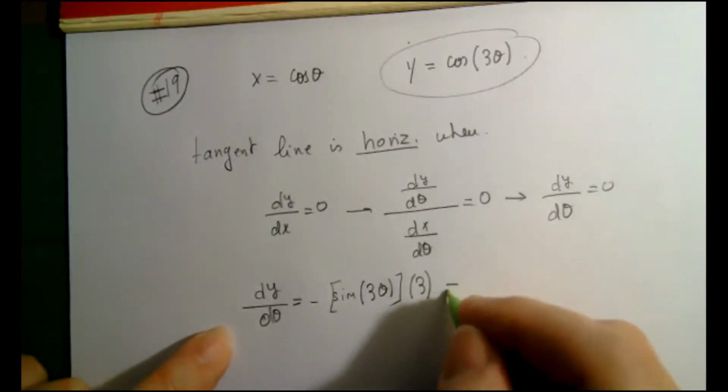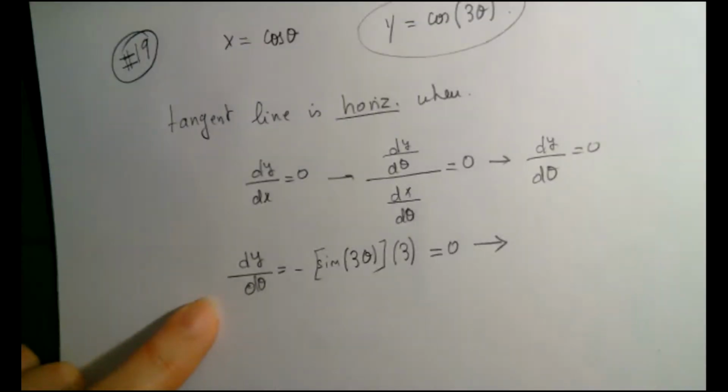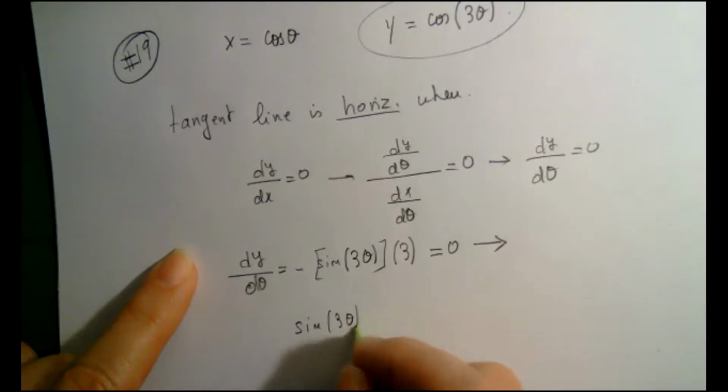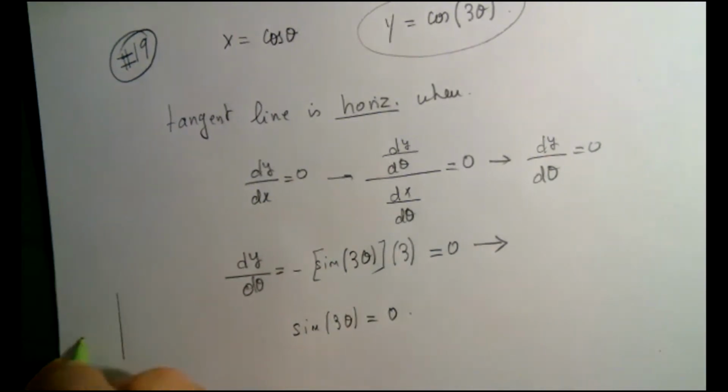If this is equal to 0, it means the sine of 3 theta is equal to 0. Now, when is the sine equal to 0? For which value of theta? Let us remember the graph of sine.